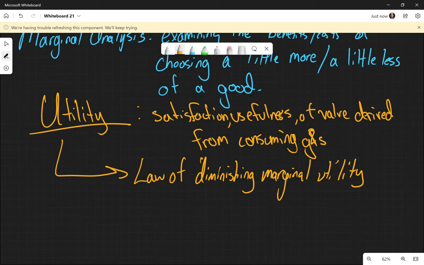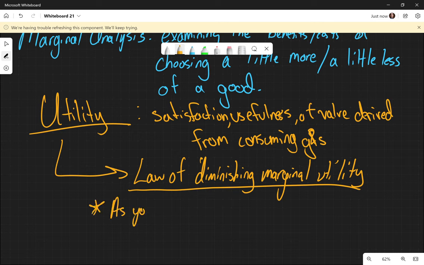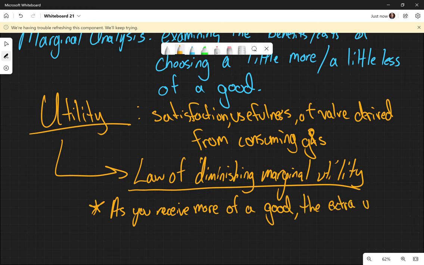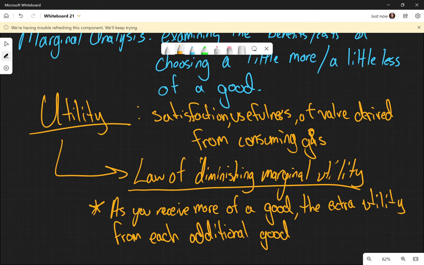The law of diminishing marginal utility states that as you receive more of a good, the extra utility from each additional unit of that good declines.